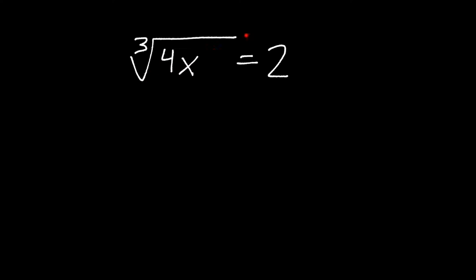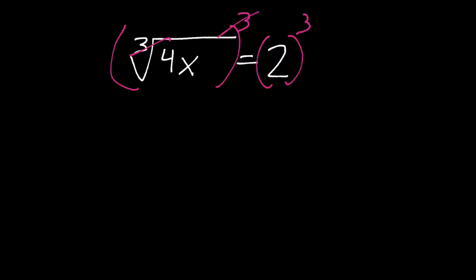When we had just a square root, our index for a square root is 2, so we raised both sides to the second power. But since now we have a cubed root, if I want to undo this and get rid of it, I have to raise both sides to the third power. And that is how we cancel out a cubed root.